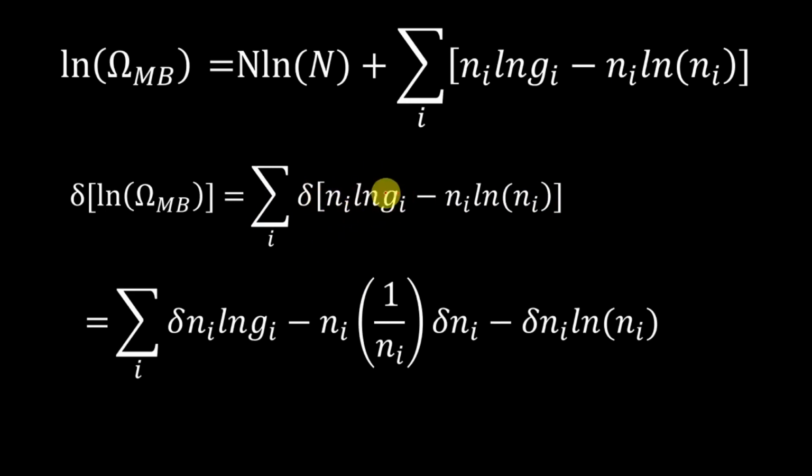So constant times the differentiation: ln g_i dn_i. Now in here we have a minus. Okay, we have first function, derivative of second function. Derivative of log is 1 upon x, so in here 1 upon n_i, and then we will apply chain rule, so dn_i in here. Now in here we have a minus sign, we will multiply it in here. Then we have second function and derivative of first function, so we have this thing in here. Now this thing cancels with this in here.